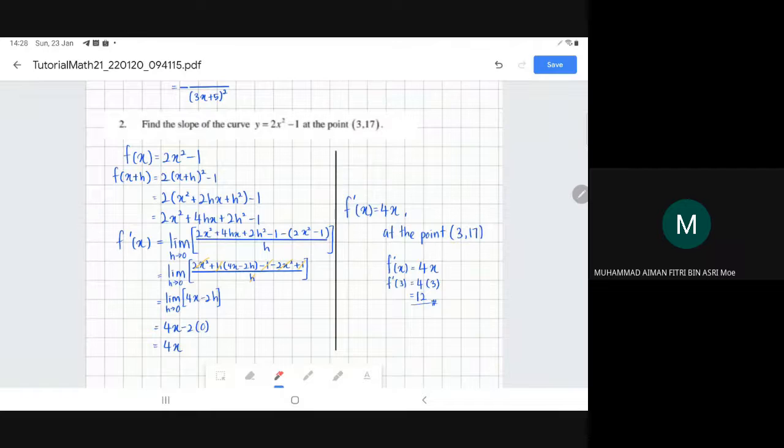Boleh lah. Okay, so ada masalah lagi untuk 2.1? Tak ada.